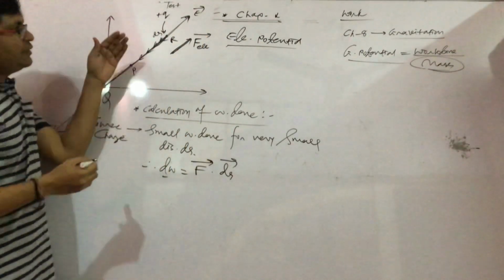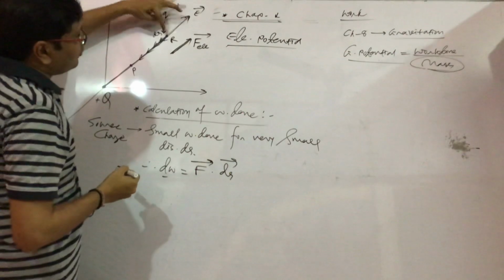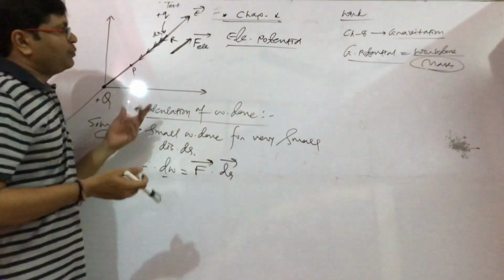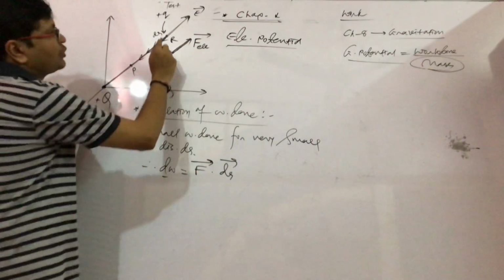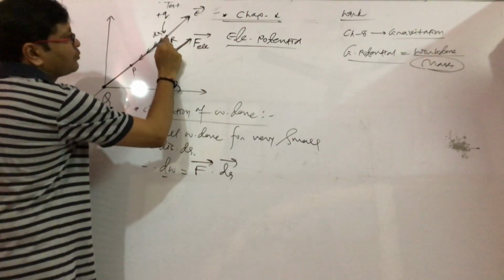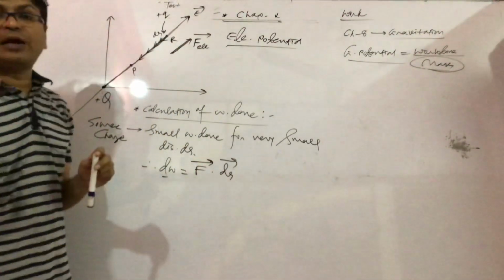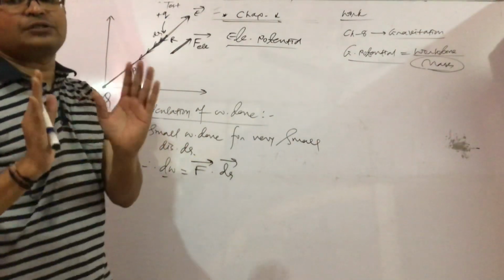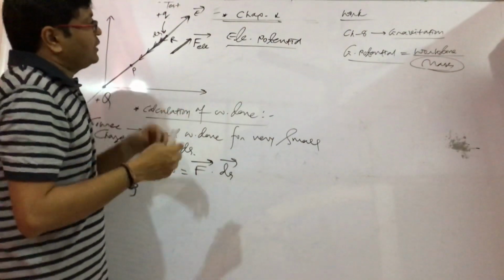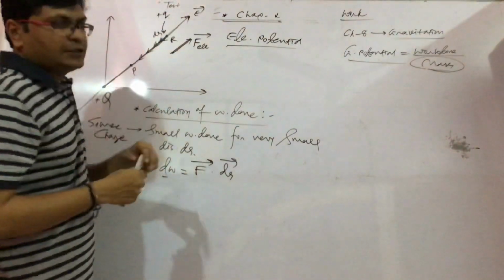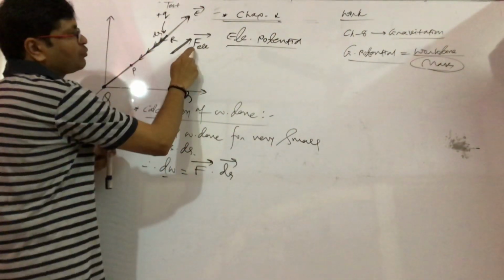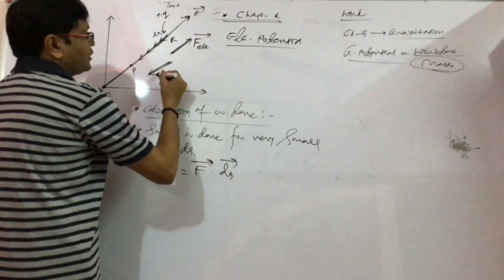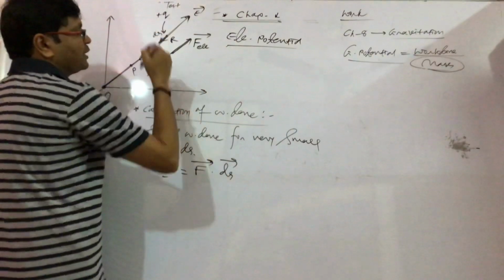But you can see we have to move this test charge from point R to P, so we have to move in the opposite direction. Here is a very important point: we would like to move this test charge from R to P with constant velocity, that means not accelerated motion. To maintain constant velocity, we have to apply a force of the same magnitude but in opposite direction.